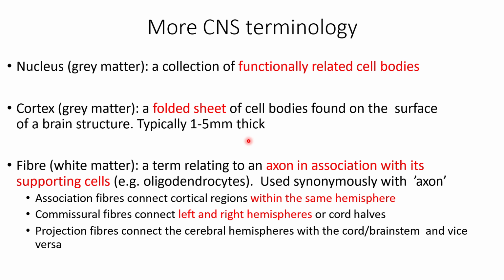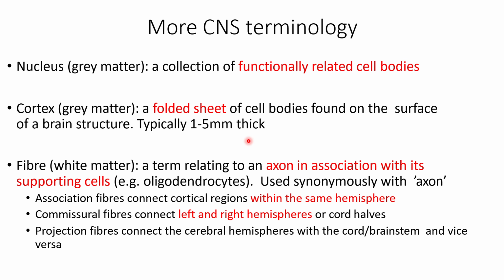The term cortex once again refers to grey matter, and the cortex is a folded sheet of cell bodies found on the surface of a brain structure, typically the cerebral or cerebellar hemispheres. Now the cortex is folded and contains many cell bodies, typically something between 1 and 5 millimeters thick. In fact, the word cortex comes from a word referring to the bark of a tree, and that reminds us that it sits on the outside, just like the cortex of the kidney, for example.